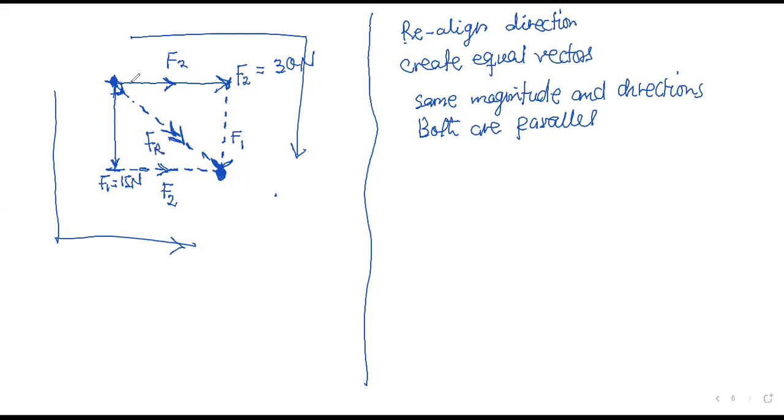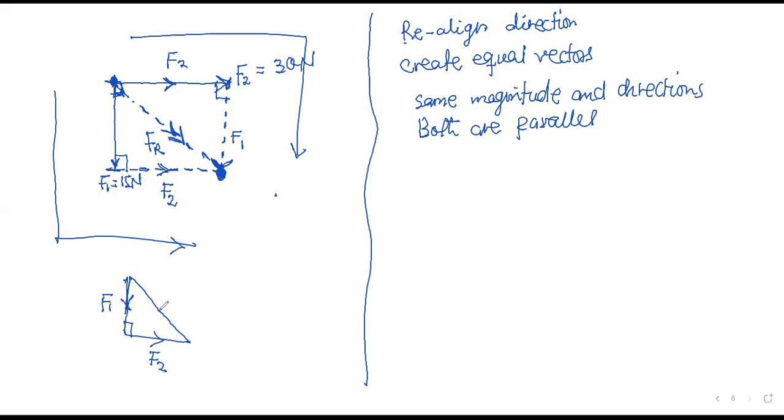Since these are perpendicular to each other, what I have here is F1 due south perpendicular with F2 due east, and the resultant is this.